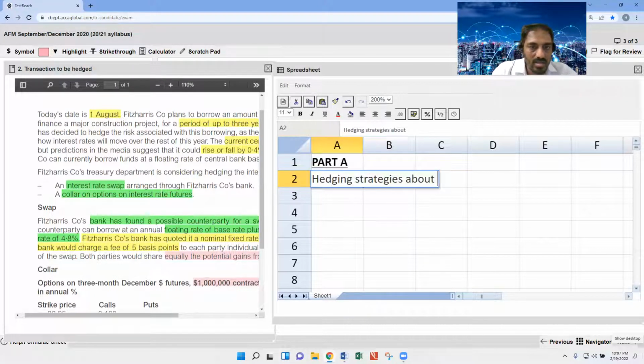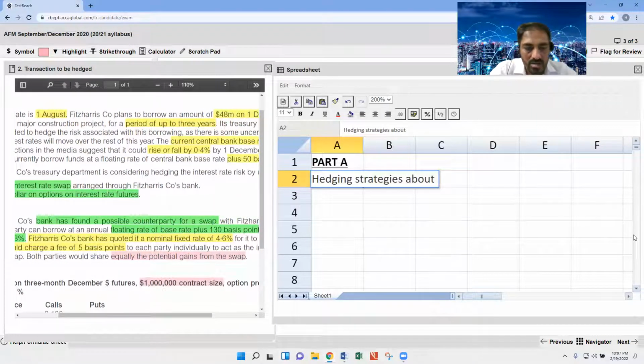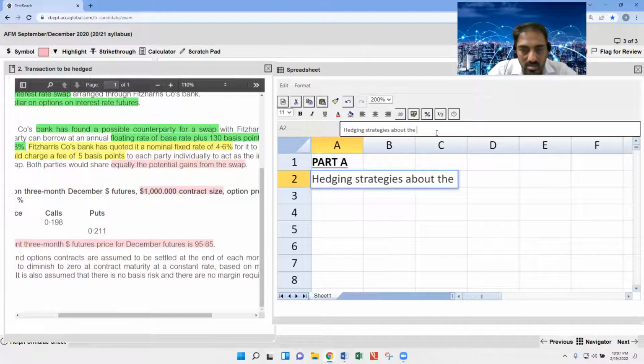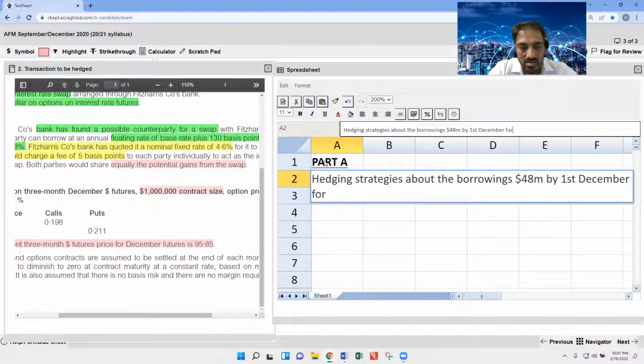About the borrowings of $48 million at what date? 1st December for 3 years.